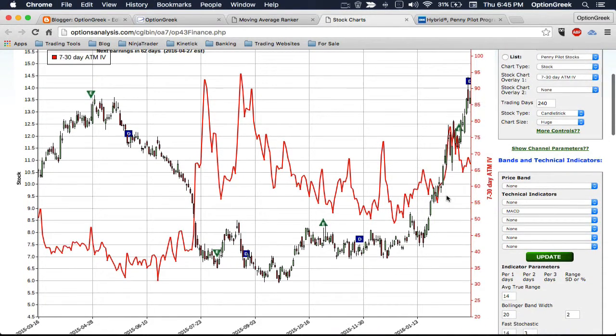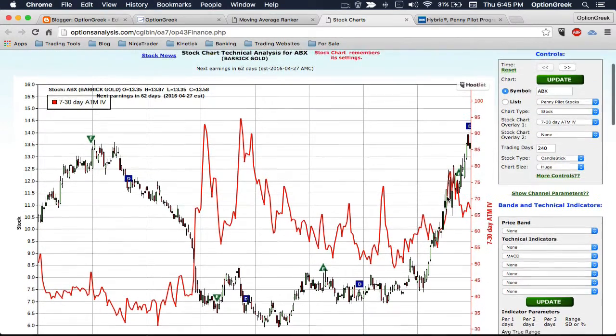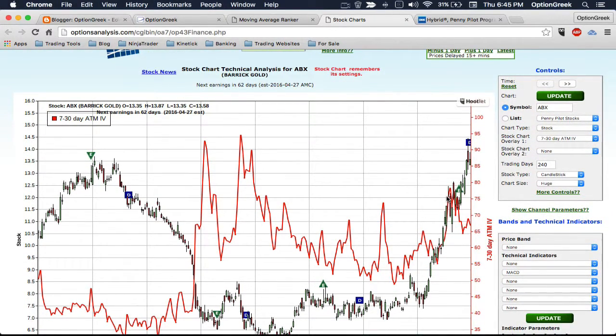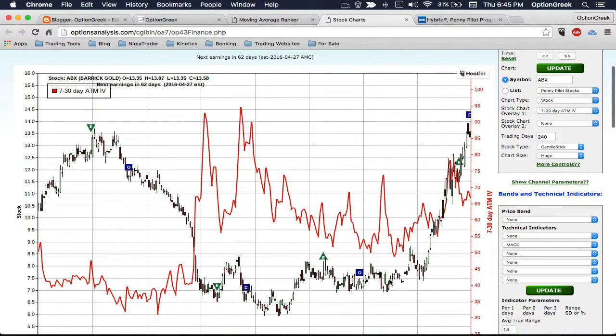And we also know, because this came from our penny pilot list, that the options on this stock are probably quite liquid. So this is a really good candidate for us to take a shot at putting on a covered call or a collar position, with the indication that the stock is probably going to continue to move higher.